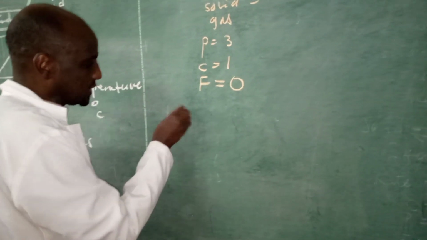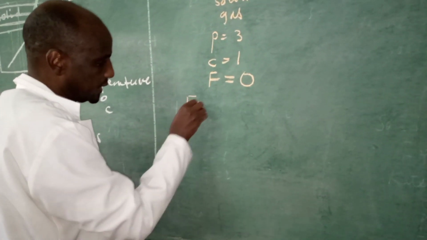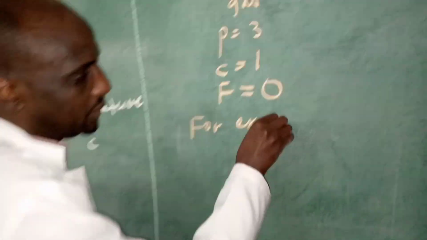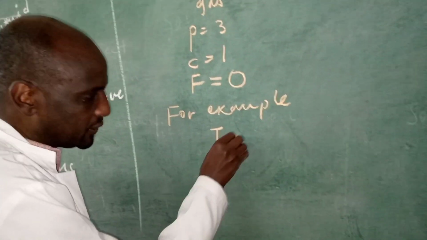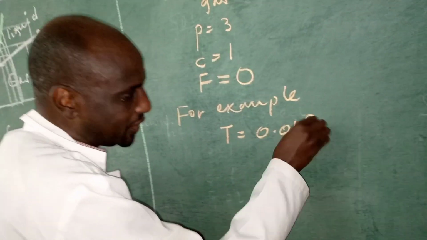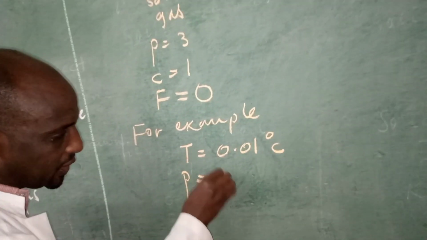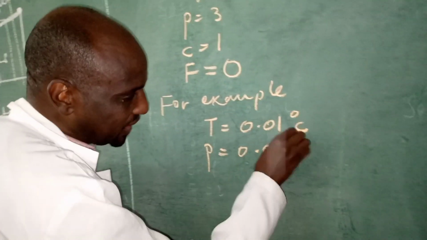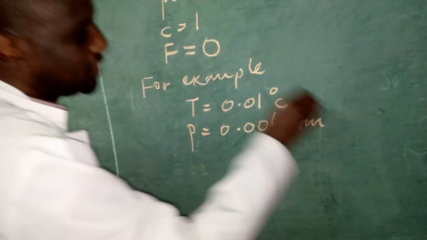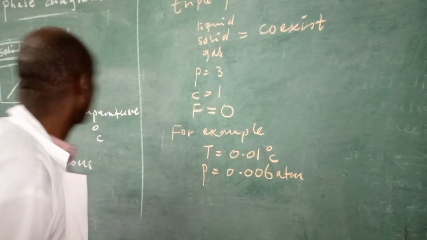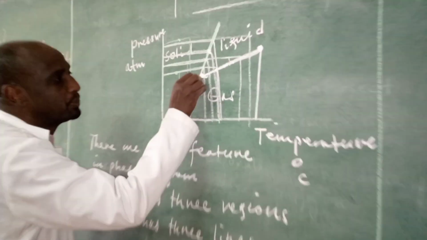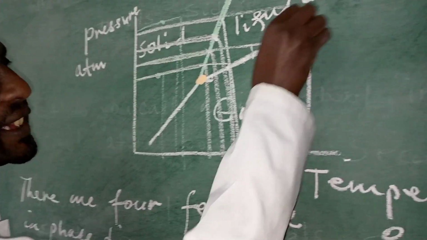For example, water exists in three forms at a temperature of 0.01 degrees Celsius and a pressure of 0.006 atm. This is the triple point for a substance. You can see this is a triple point, and this one is a critical point.